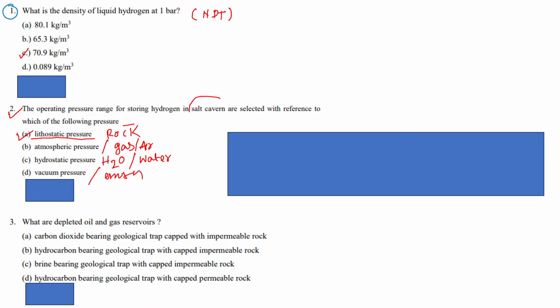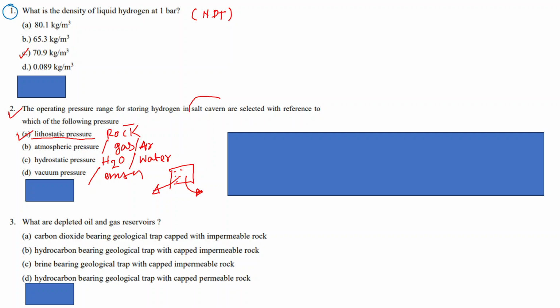A vacuum means empty. Suppose this is the system, initially filled with air. I take the air out of the system, so it is empty.